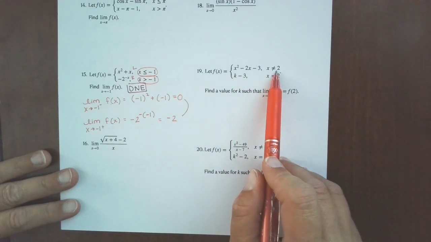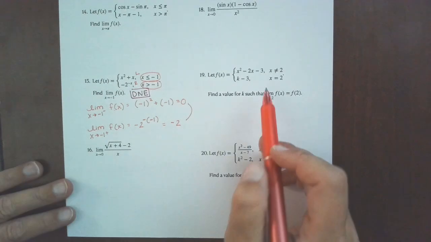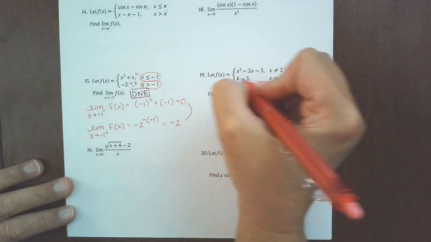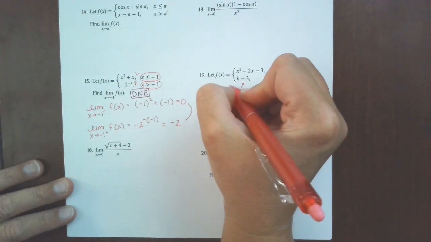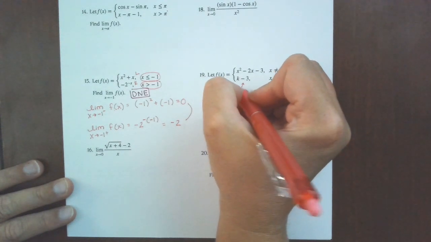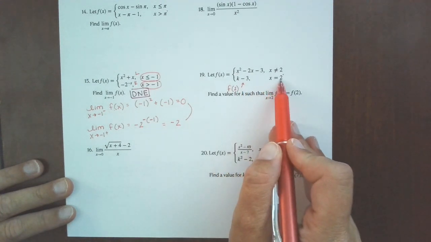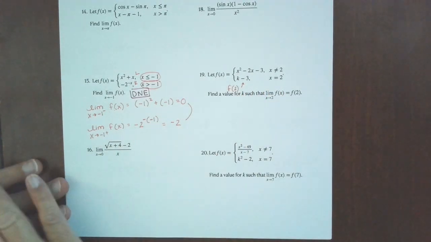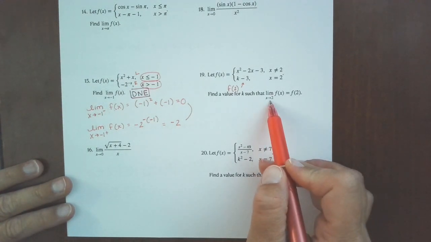But for whatever reason at x equals 2, someone came along and... So when we want to find f of 2, that's this thing, right? So this right here is how we're calculating f of 2. Everywhere else in this function we're using this thing, but this is telling us what is the actual value at x equals 2. So I want these two things to be the same.